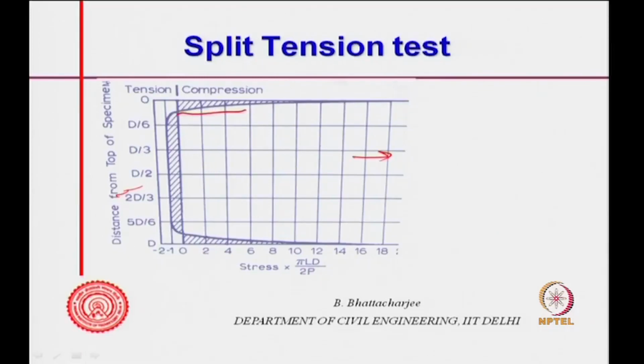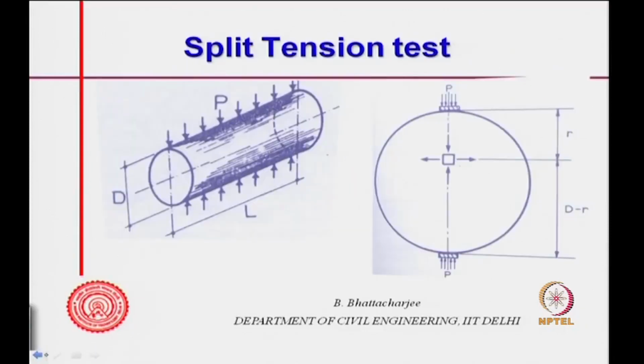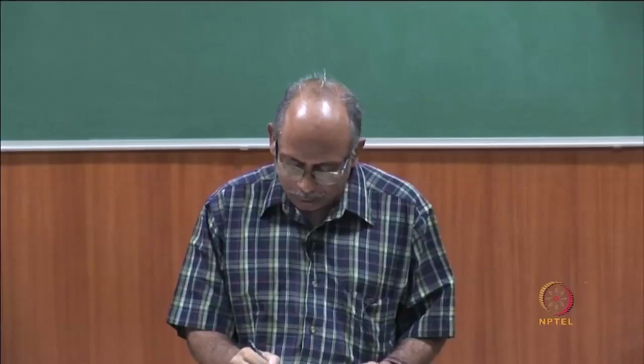Only the top small portion has a compressive load, because we are applying compression here. Only a small portion is in compression; the rest of the portion is actually in tension, so it is trying to split along this direction. This is because of the shape of it, or the kind of load you have applied.